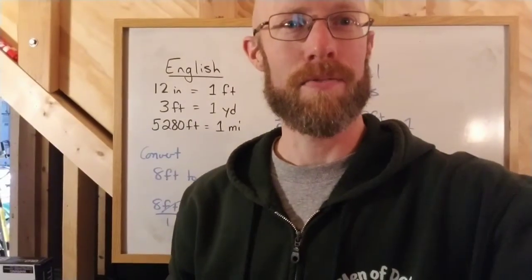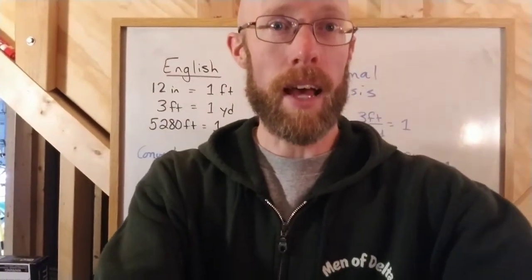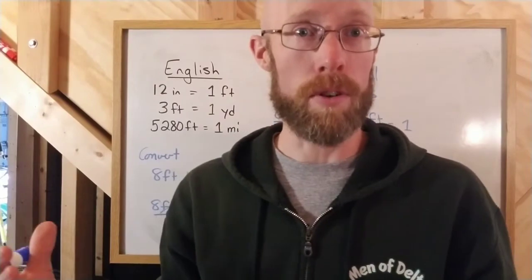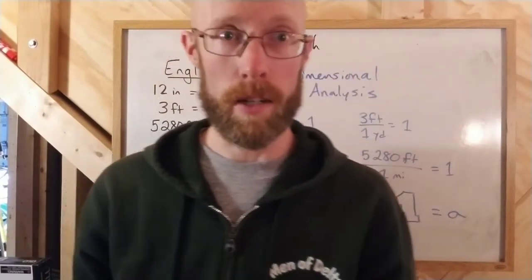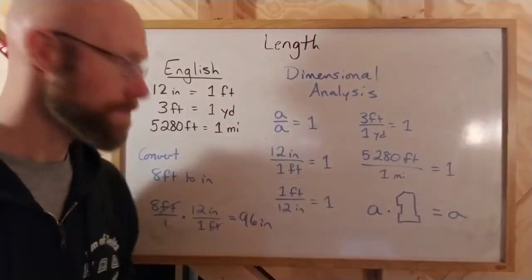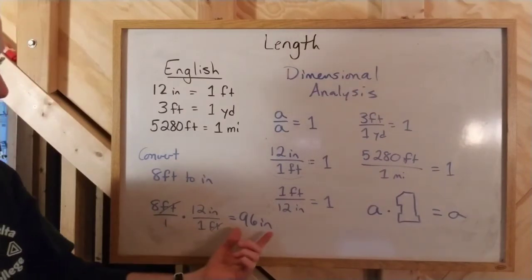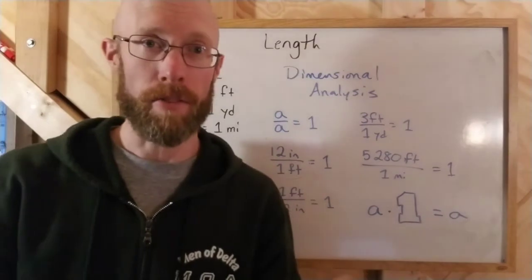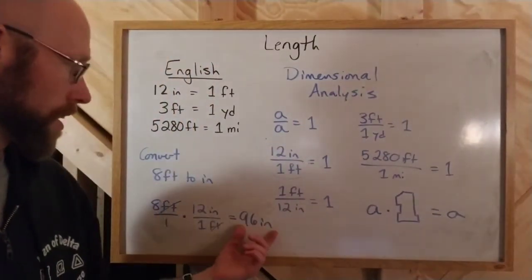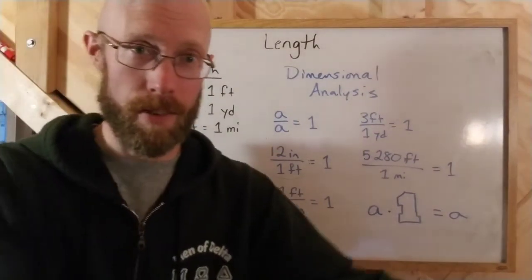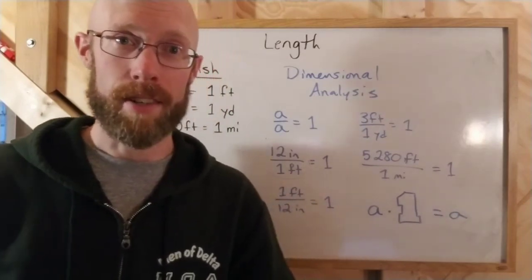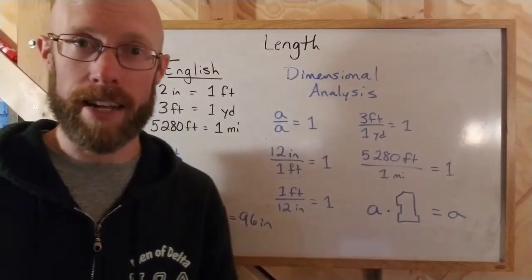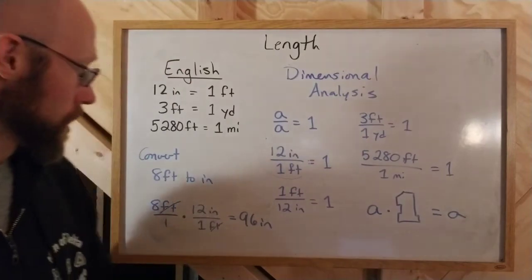I'm filming these in my basement, and I'm using 2x4s that are either 10 foot long or 8 foot long, depending upon how tall I need. So I bought a bunch of 8-foot 2x4s, and they measure 96 inches in length. So if I put the tape measure down, 8 foot and 96 inches coincide on the tape measure.